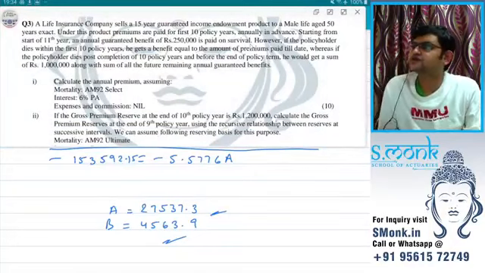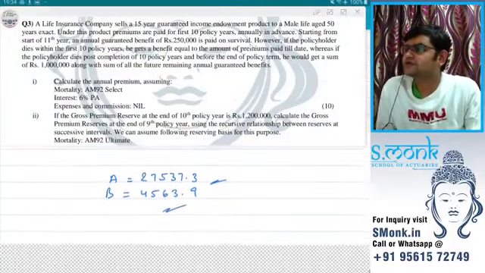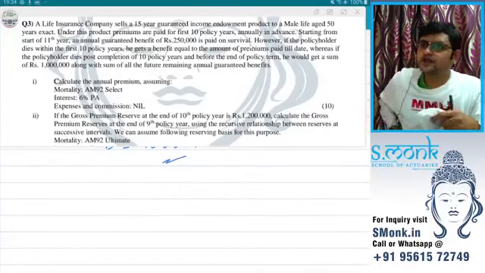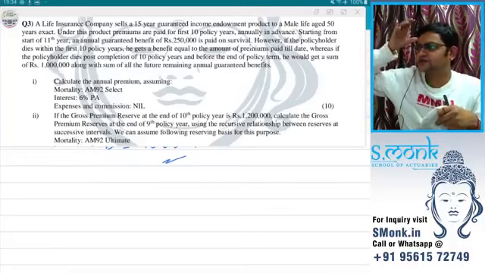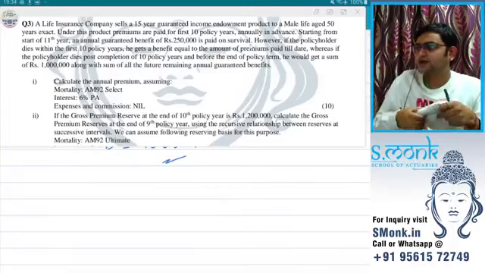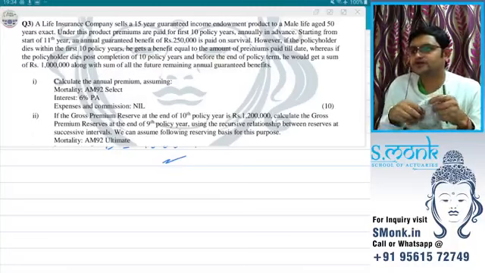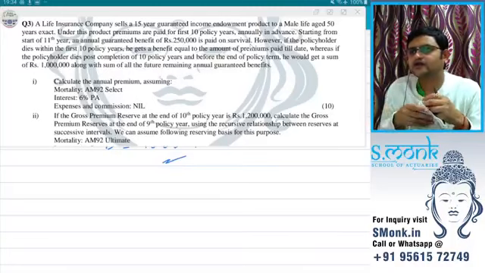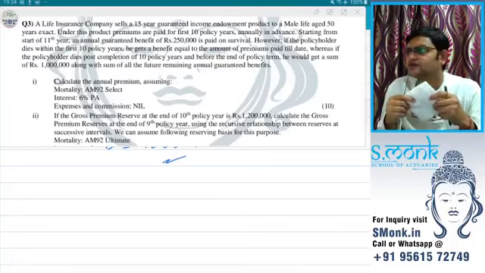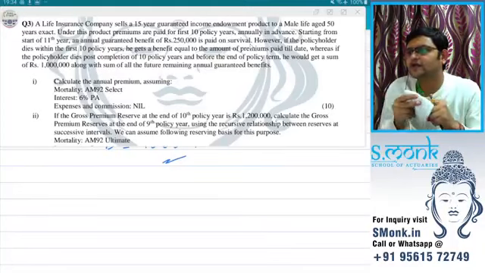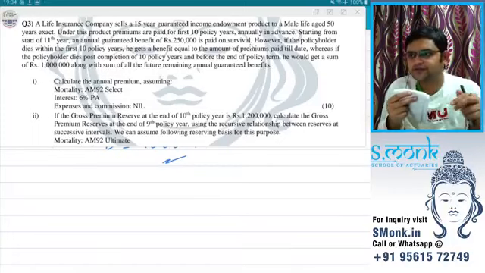A life insurance company sells a 15-year guaranteed income endowment product to a male life aged 50 years exact. Under this product, premiums are paid for the first 10 policy years annually in advance. Starting from the 11th year, an annual guaranteed benefit of rupees 250,000 is paid on survival.